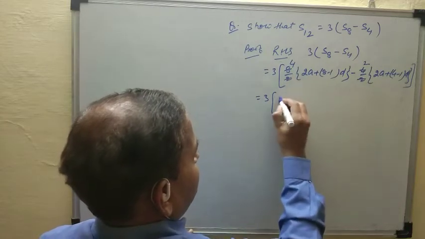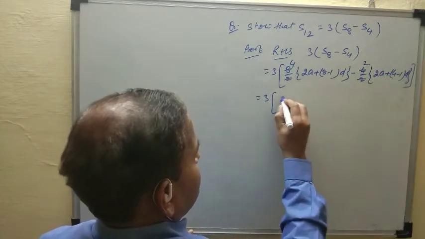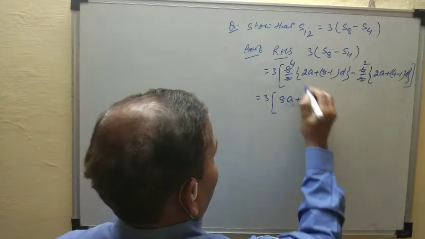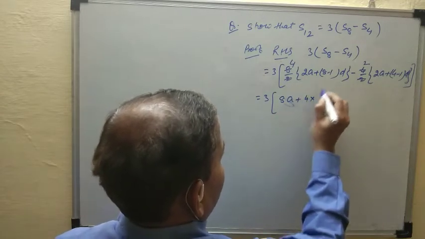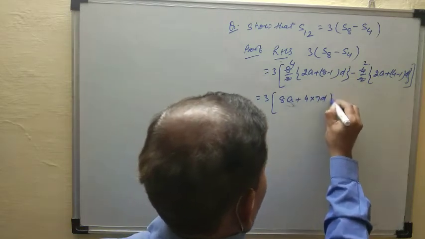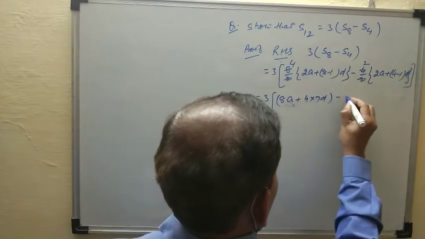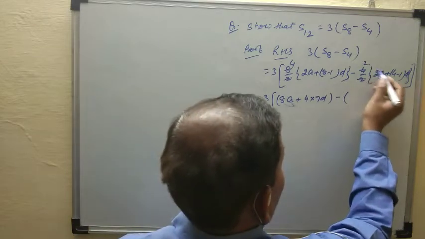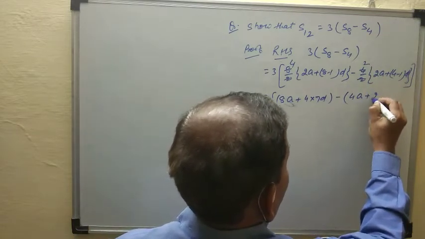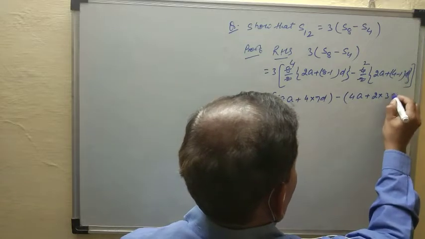So 4 into 2a, that is 8a, plus 4 into 8 minus 1, 7d. Now minus, multiply this by 2. So 4a and plus 2 into 3d.